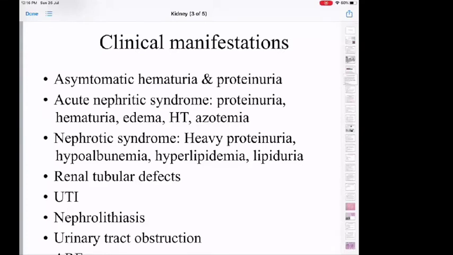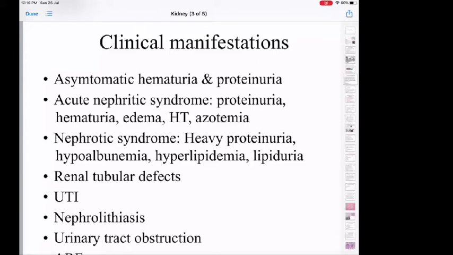Okay, and proteinuria means protein in urine. Normally there is no blood present in the urine and no protein present in the urine, but if any disease occurs, then maybe blood or protein may be present in the urine. We will discuss what type of disease causes hematuria or proteinuria.